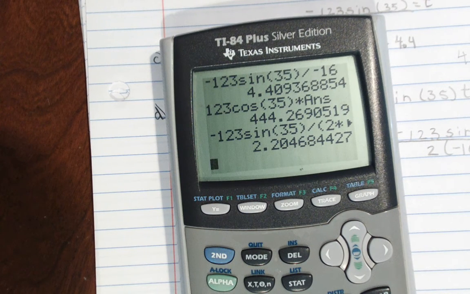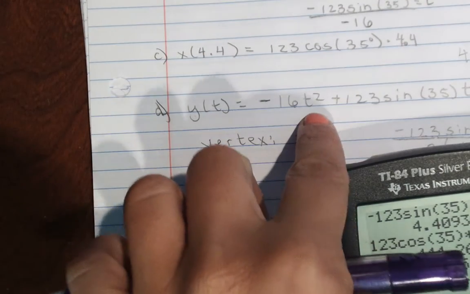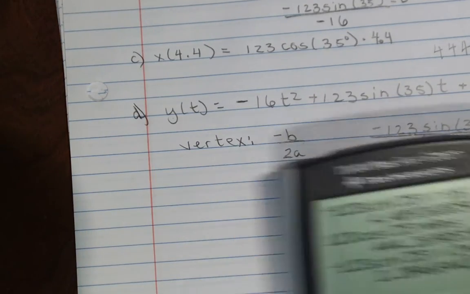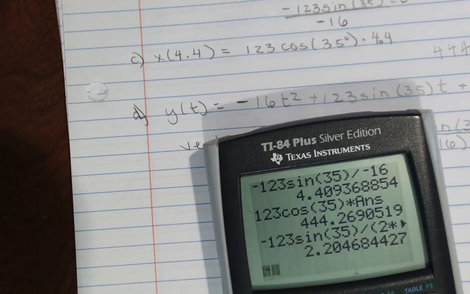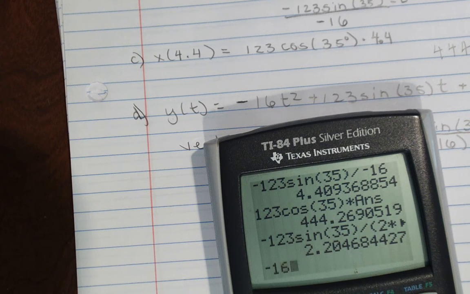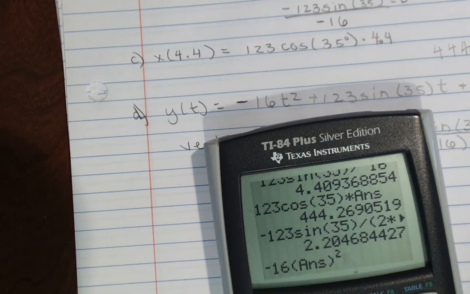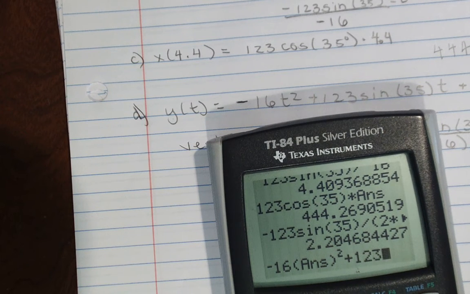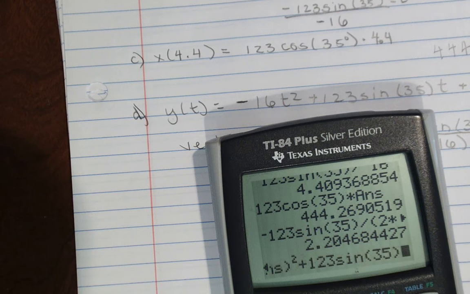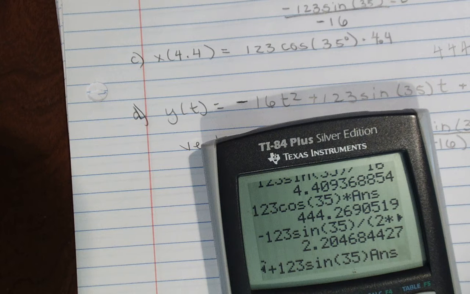So I get 2.204, but I need to plug that in here to find the height. So negative 16 times second answer squared plus 123 sine 35 times t, so my answer.